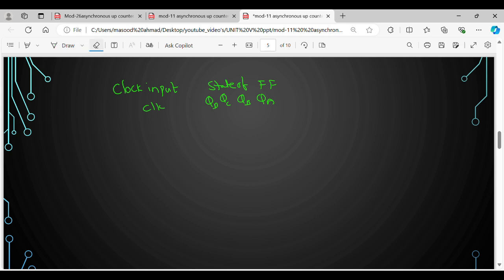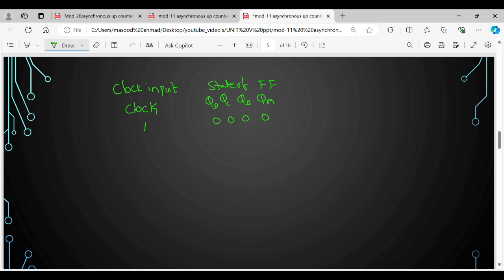Let me write it clearly. When clock is equal to 1, output is 0 0 0 0.